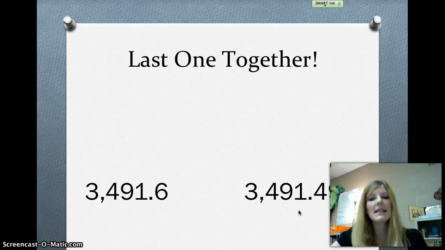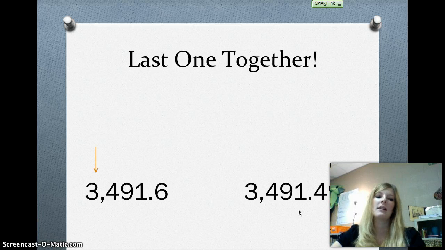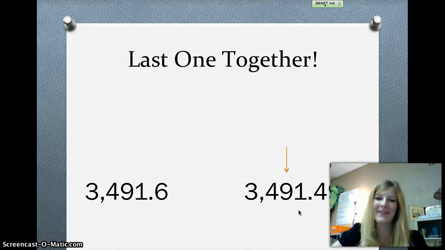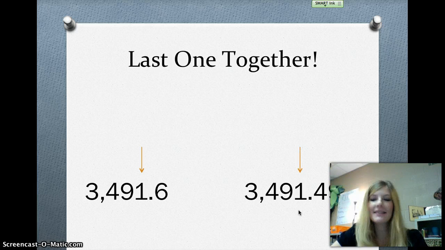There you go. And we'll do this last one together. 3,491 and 6/10 versus 3,491 and 497 thousandths. Don't be fooled by this one. It looks tricky, but it's not. So I'm looking at my 3 and my 3, they're the same. Then I start with the next largest place value, 4 and 4, they're the same. Then I have 9 and 9, and they're the same. 1 and 1, still the same number.